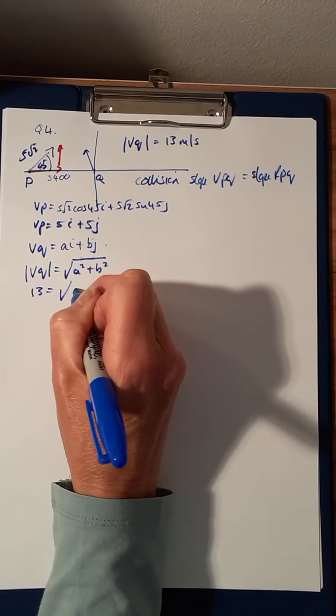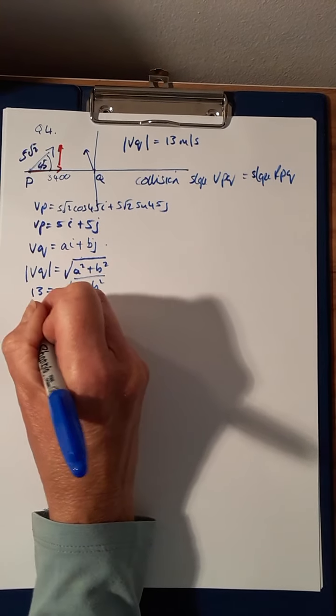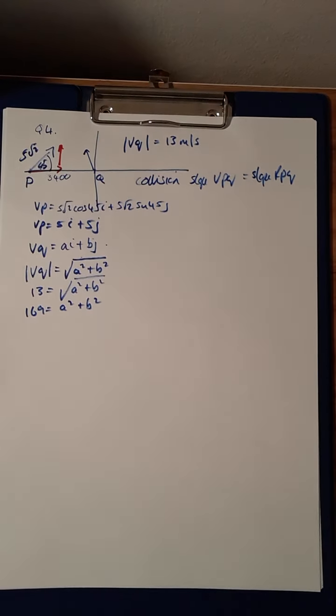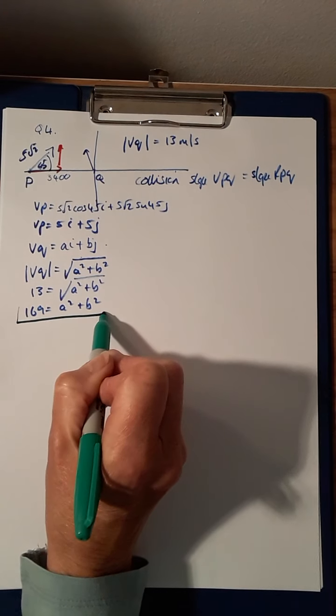If I square both sides, that gives me 169 equals a squared plus b squared. That's a nice little equation. I'll be using that shortly, so I'm going to leave that there.